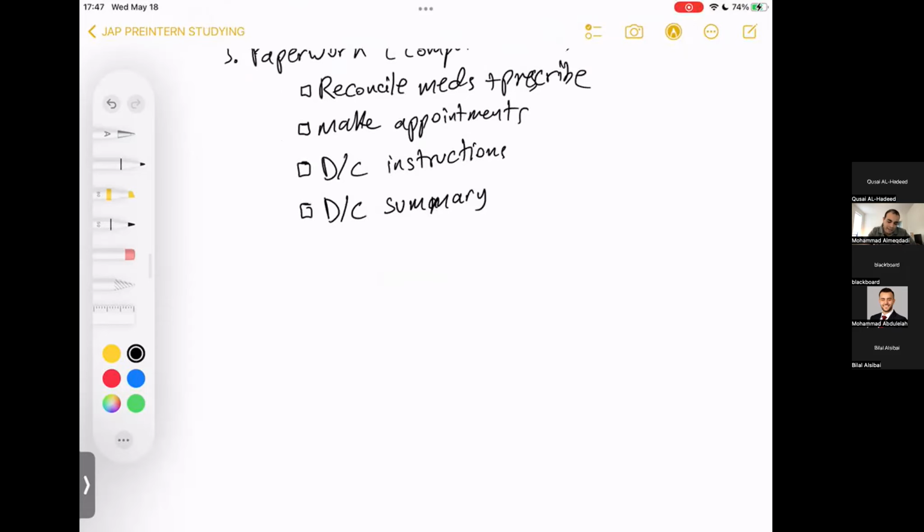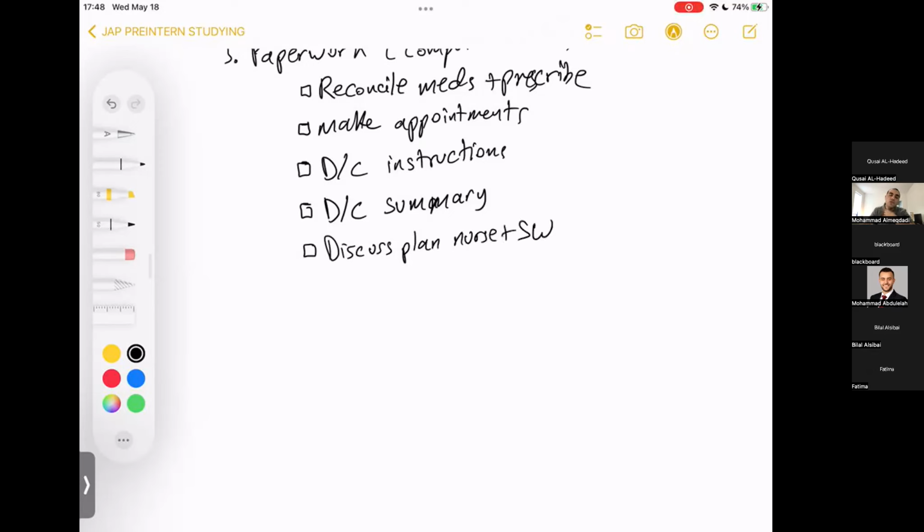And then an extra step that will go a long way if you do it is you need to discuss the discharge plan with the nurse plus the social worker. The social worker is ultimately the one responsible to kind of call in the ambulance, get the patient out of the hospital eventually, or get them to the nursing home.